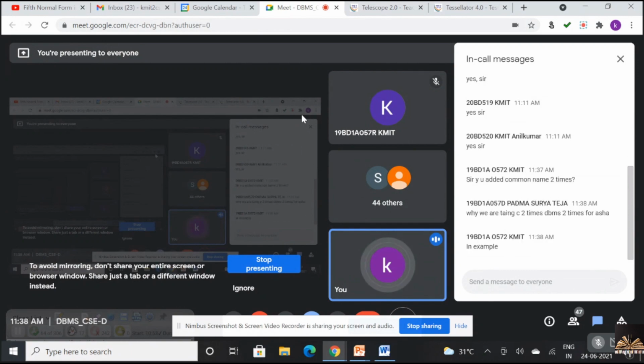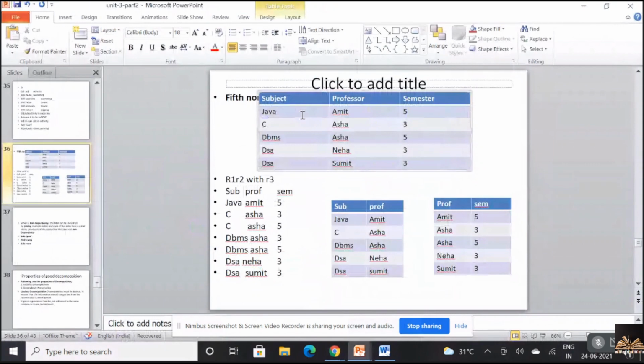In the example, whenever I'm talking about Asha over here, Asha is mapping, this is table R1, this is table R2. Asha is mapping with Asha here twice. Yes or no? The join condition is based on professor. So whenever I'm talking about Amit, I have got only one Amit over here.